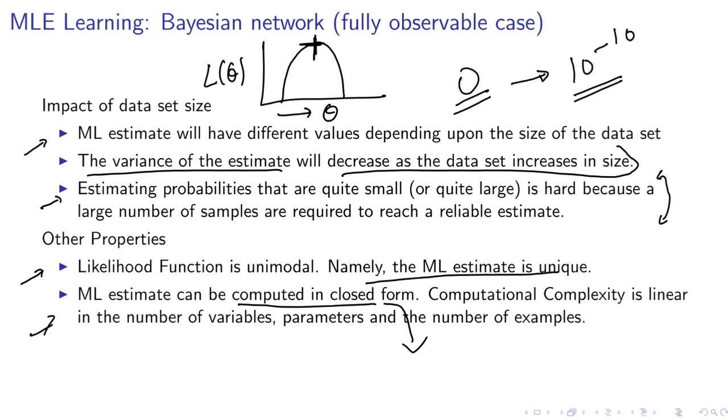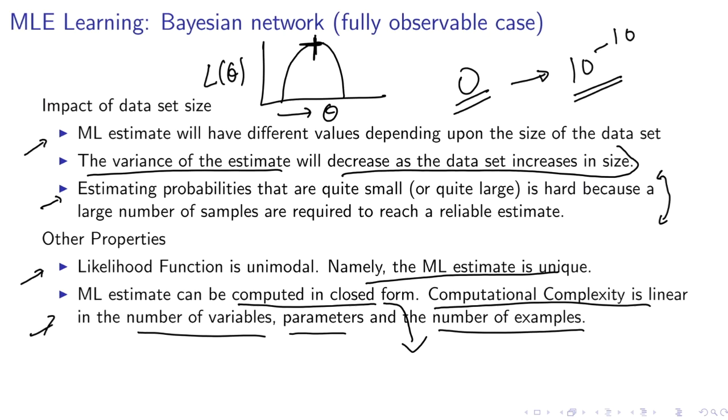That is why this particular problem type has low computational complexity, or low estimation complexity. In fact, the computational complexity is linear in the number of variables, the number of parameters, as well as the number of examples.